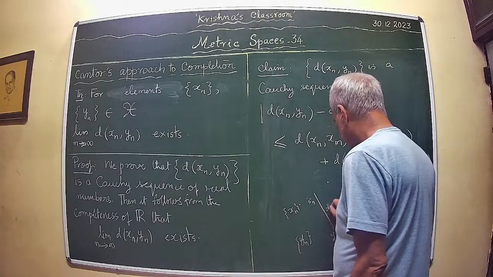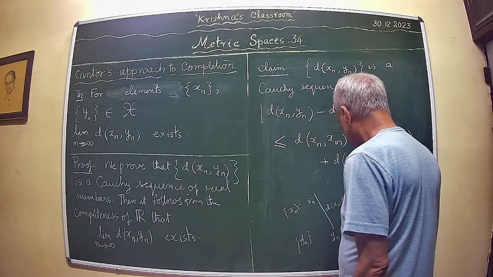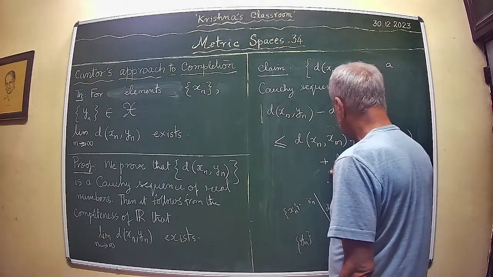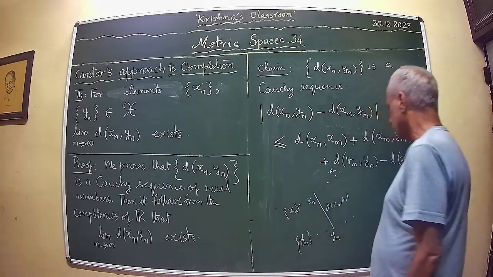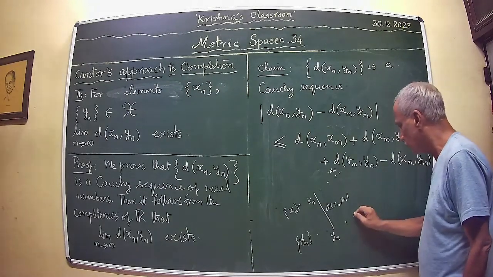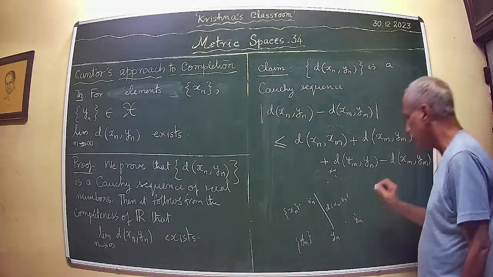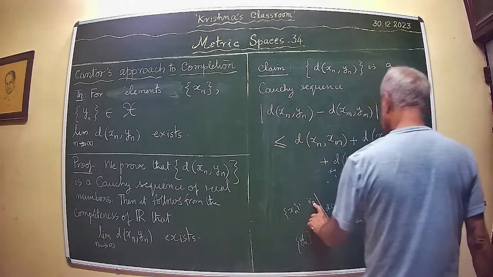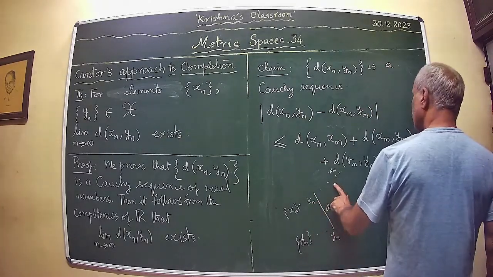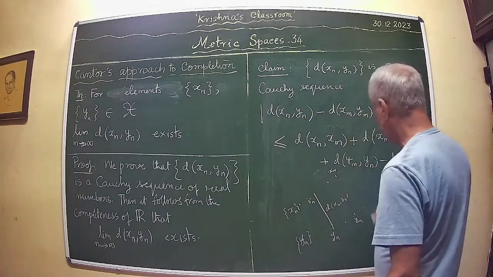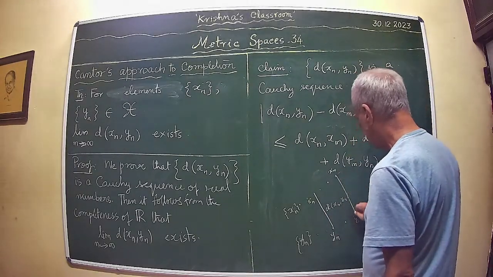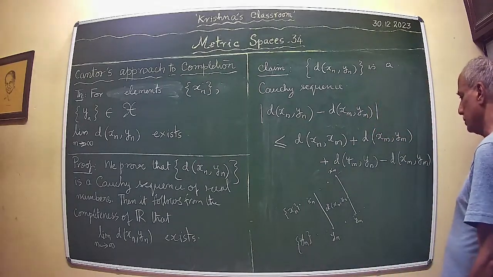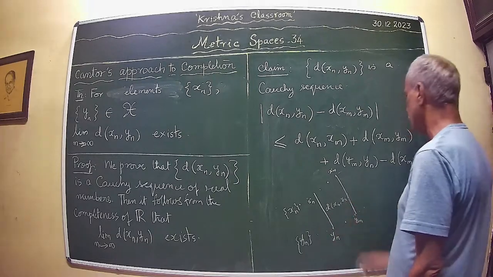This is d. Now suppose this is xm. So this is yn. Now we want the difference between the distance between xn yn and xm yn. This is what we have computed. Okay. So we are working out the difference between these two.